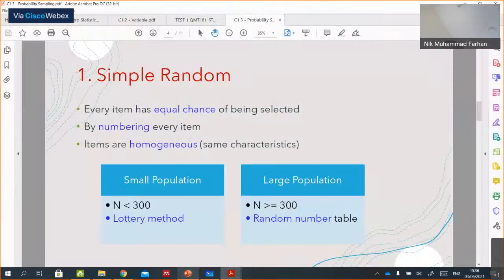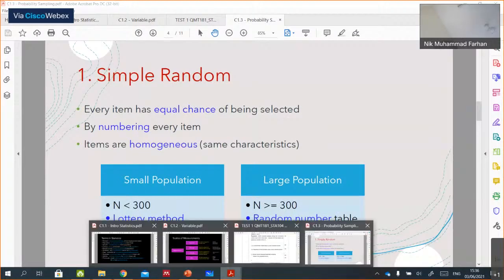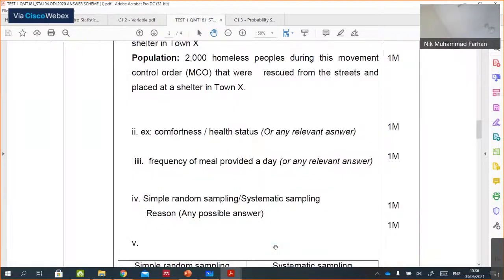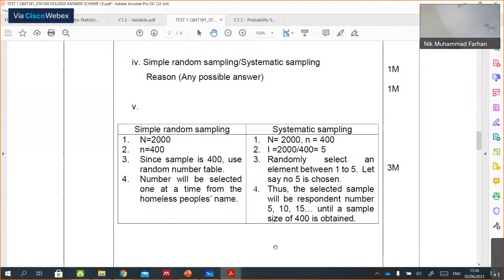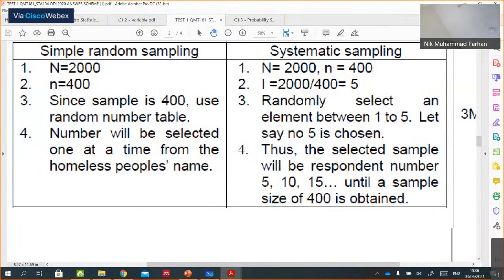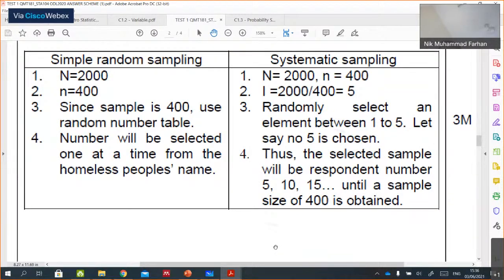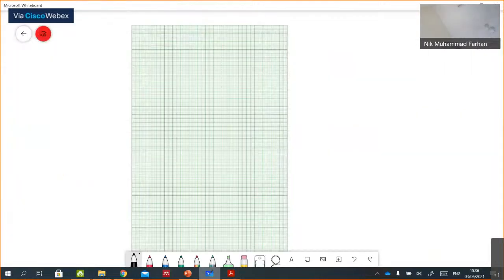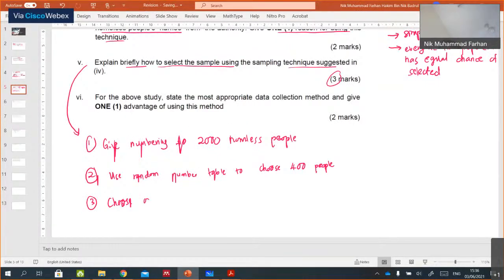Another point should be, I just explain lah how to choose the 400, right? All right. So choose one person at a time. Okay, one person at a time. Okay, something like this lah.